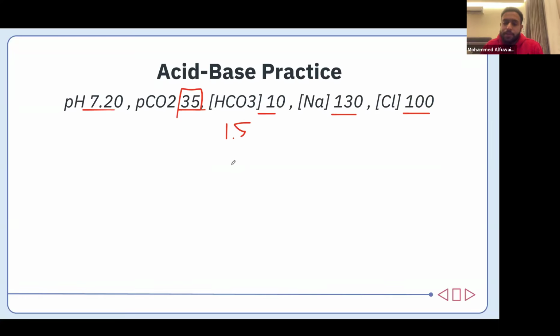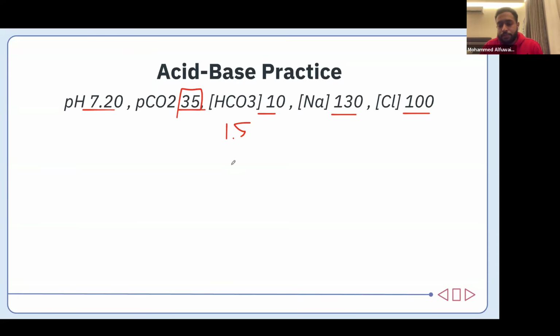Yeah, respiratory acidosis. Remember, CO2 is different: if it goes up, it's acid. So this patient we've established has metabolic acidosis with concomitant respiratory acidosis.